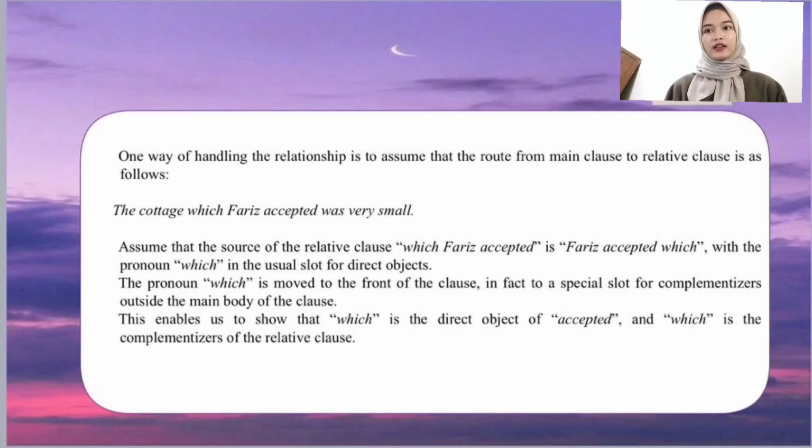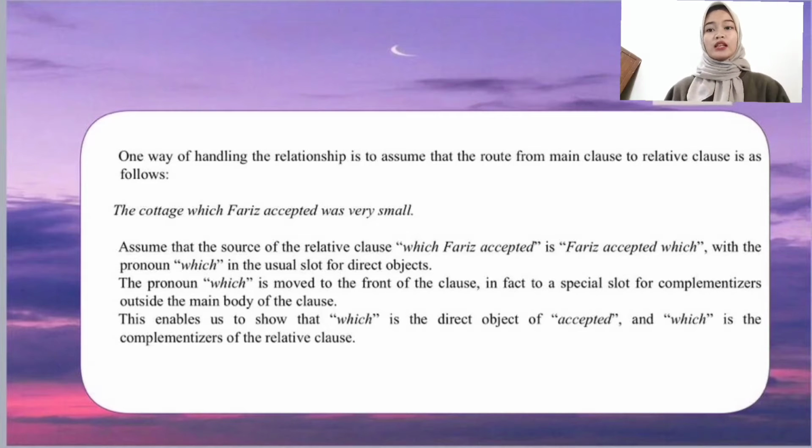One way of handling the relationship is to assume that the route from main clause to relative clause is as follows. The cottage which Fariz achieved was very small. Assume that the source of the relative clause which Fariz achieved is Fariz achieved which, with the pronoun which in the usual slot for direct object.